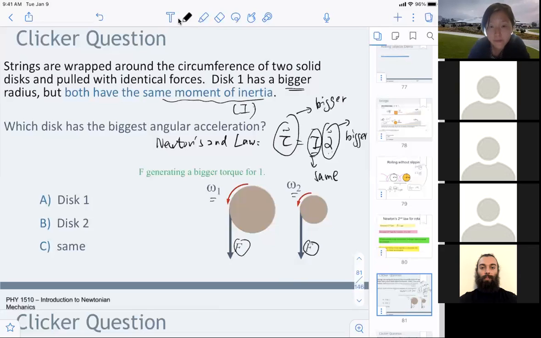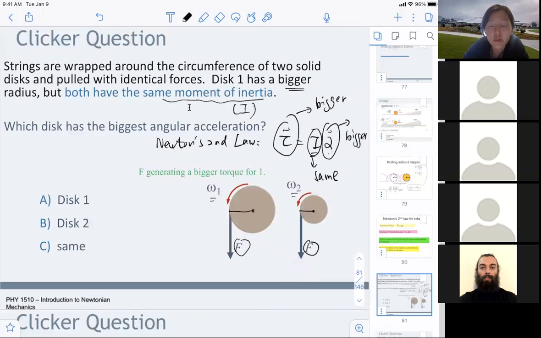Is it disc 1 or 2? Given the same force, it's disc 1. Thank you, Jacob. And why is it disc 1 but not disc 2 if the force is the same? Okay, Berenice, were you speaking?